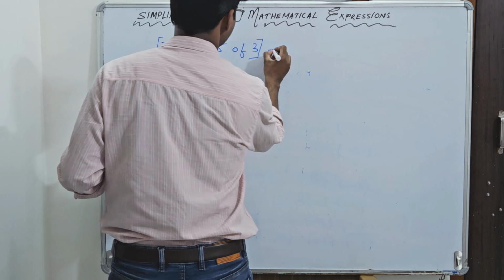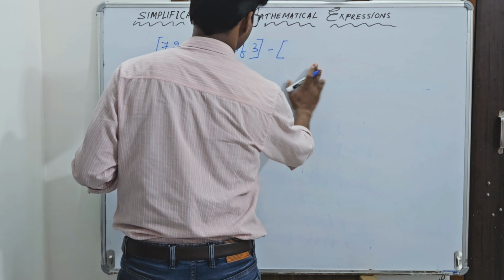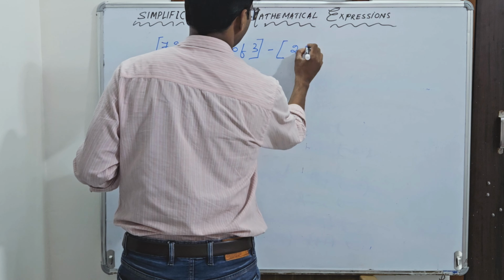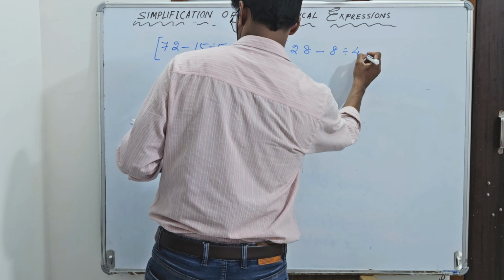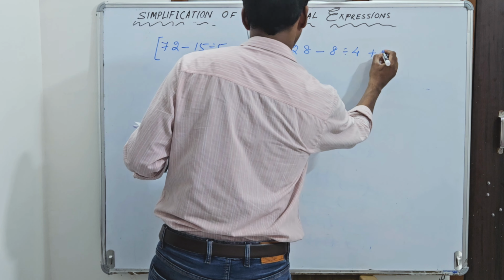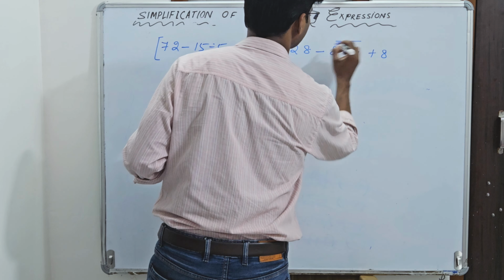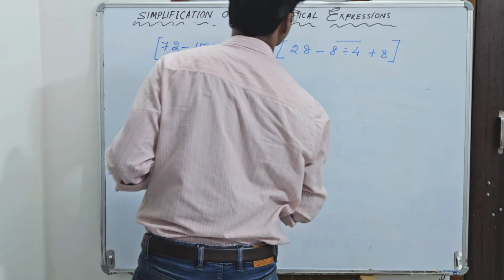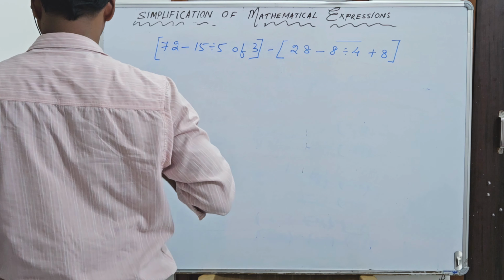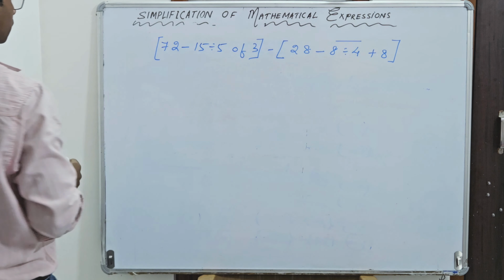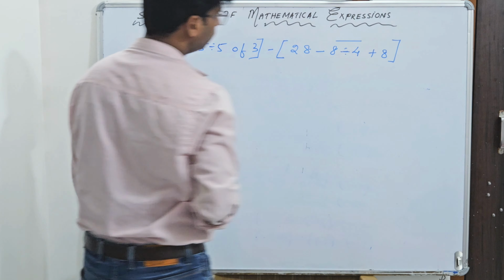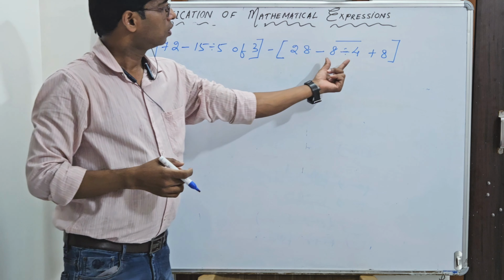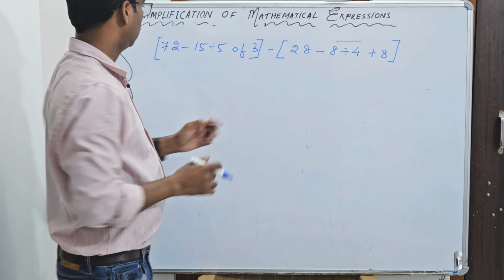Then minus, again the square bracket starts, 28 minus 8 divided by 4 plus 8, and here a line bracket is given. Can you see this? A line bracket is given. The line bracket means first you have to solve this in the first step. So let us do this.